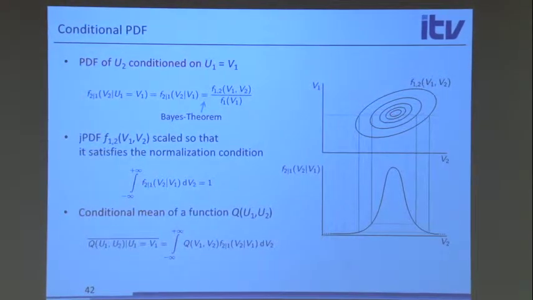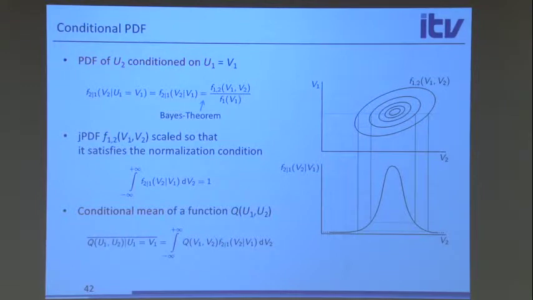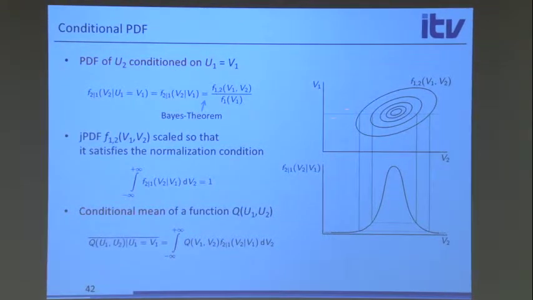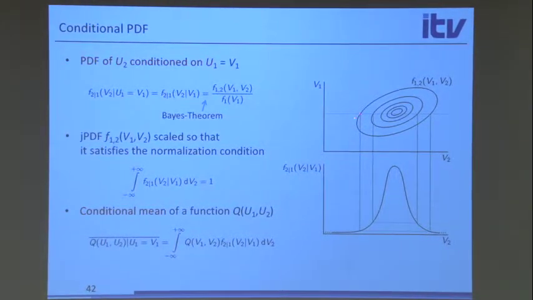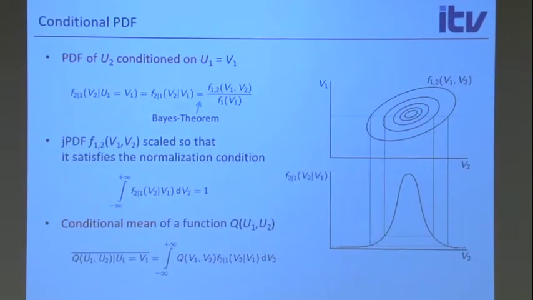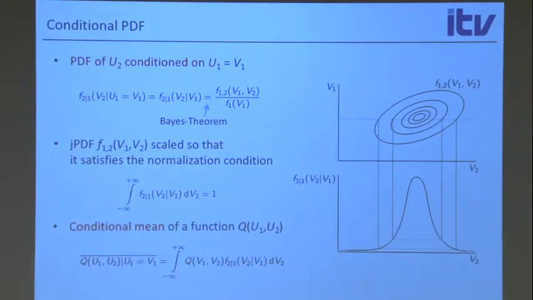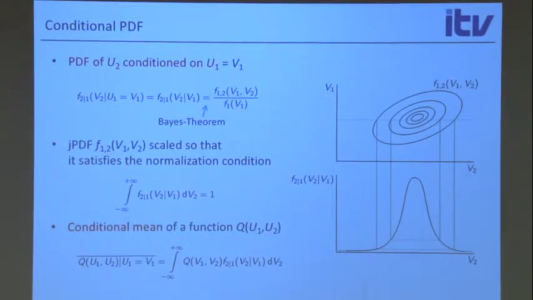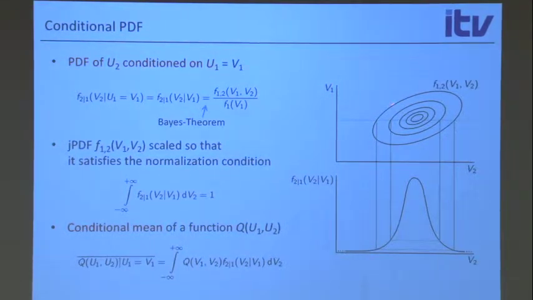So then I could say, I fix one value of v1, and if I go along this line, I get this curve, and that just looks like the PDF of v2. If I just evaluate this function for a given value of v1, that gives me the PDF of v2.